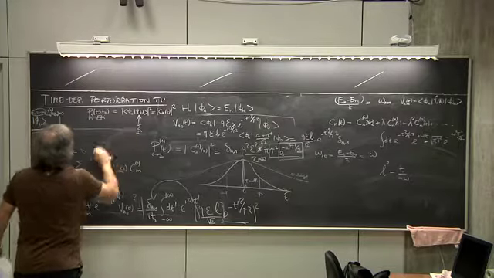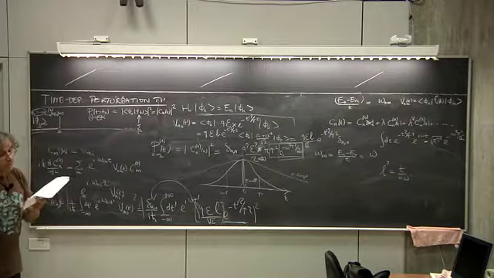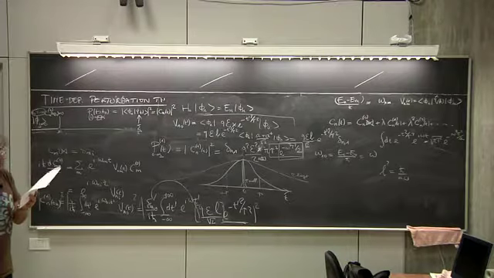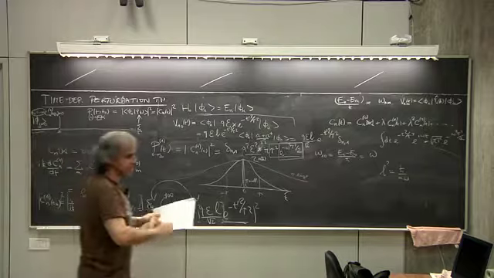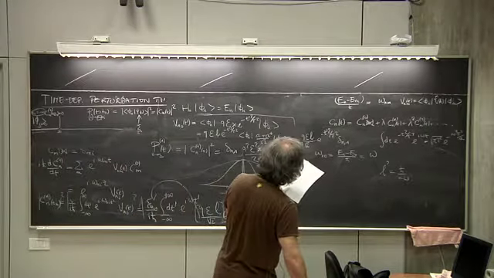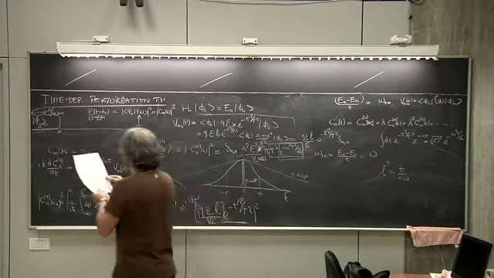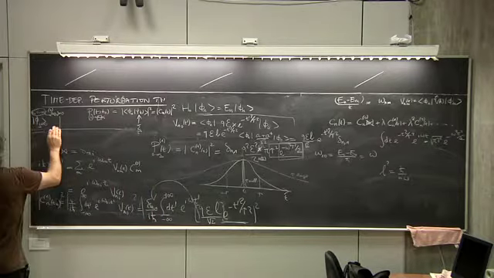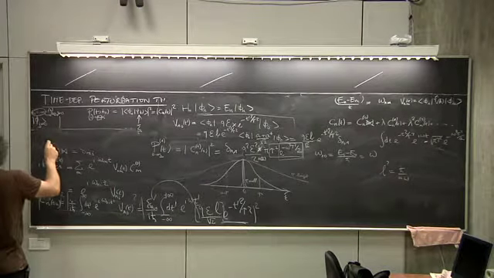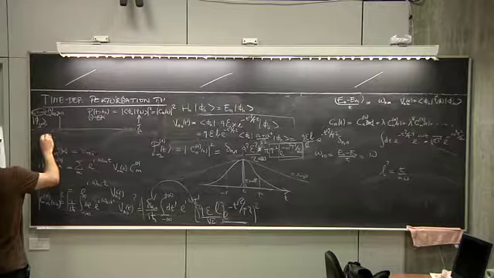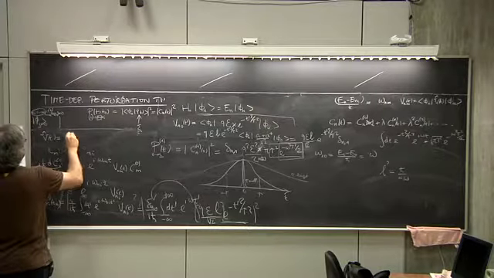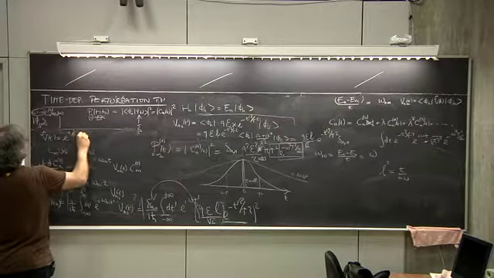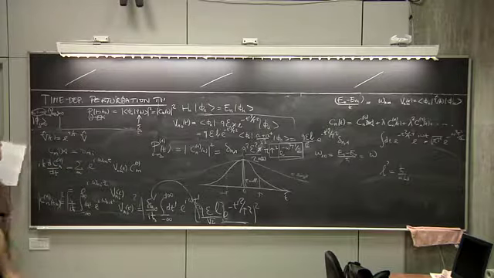Suppose that I have a system that I have prepared at minus infinity in some state, and then I add a time-dependent perturbation, v of t, which is e to the t over tau times some fixed perturbation.